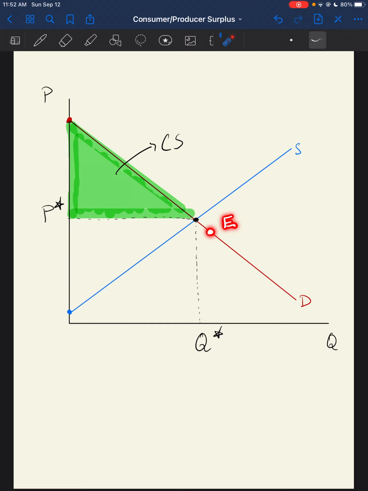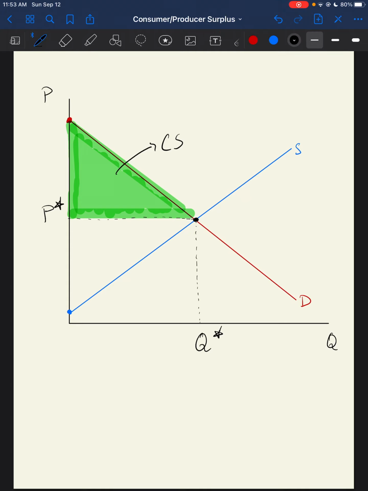So we would say he's not participating in this transaction, and if he's not buying anything, then his consumer surplus will just be zero. He's not going to have negative consumer surplus. We would just say that these people are not a part of the market because they are not buying anything, so their consumer surplus is going to be zero. Okay, so we don't want to focus on those individuals.